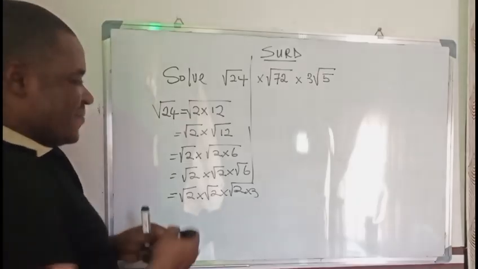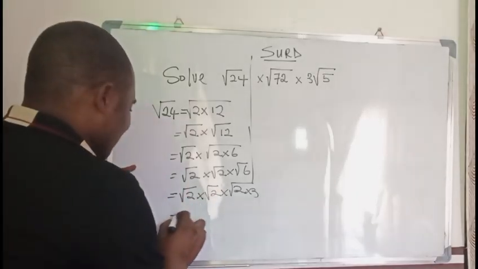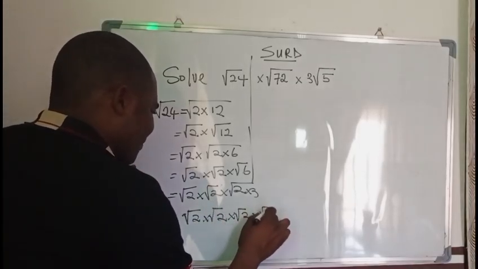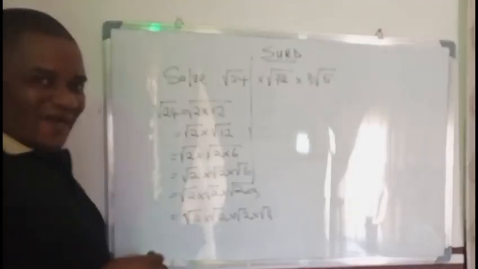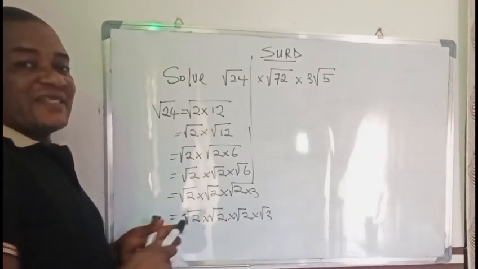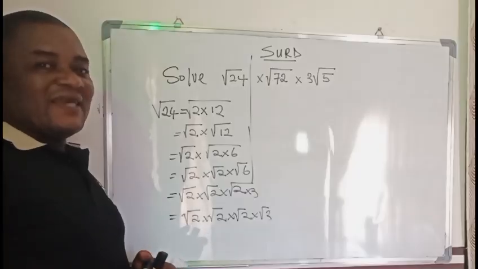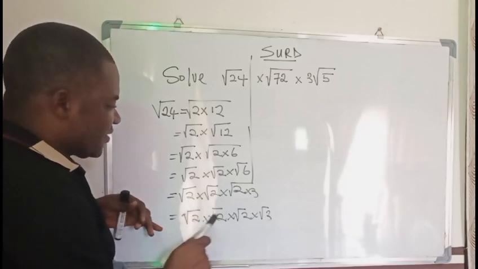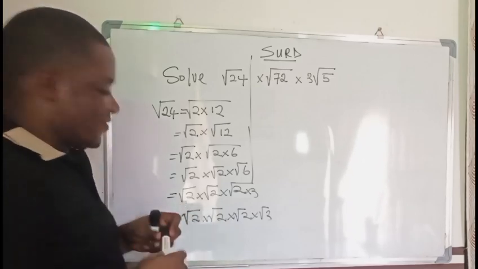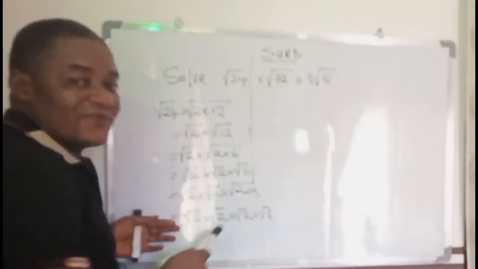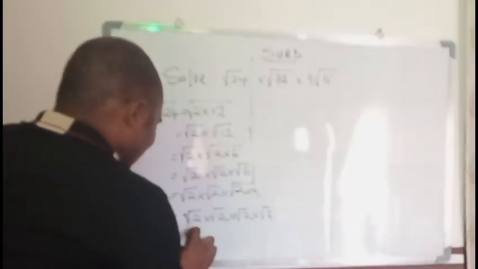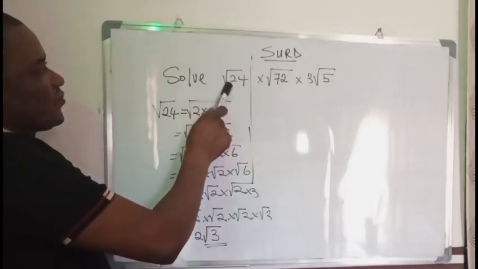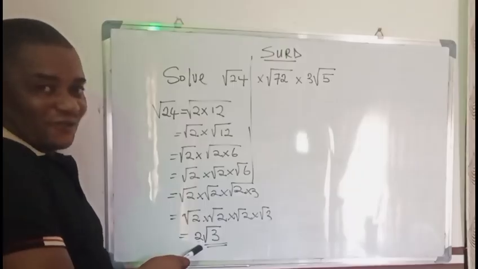We can continue by expanding the surds to give us surd 2 times surd 2 times surd 2 times surd 3. Of course. Now, where you have the same surds, remember that we had this even in our first rule of solving surds. When you have the same surds, you pick the integral number to represent the surd. So surd 2 times surd 2 times surd 2 is still 2. So we can now say this is 2 surd 3. This is the answer for surd 24.